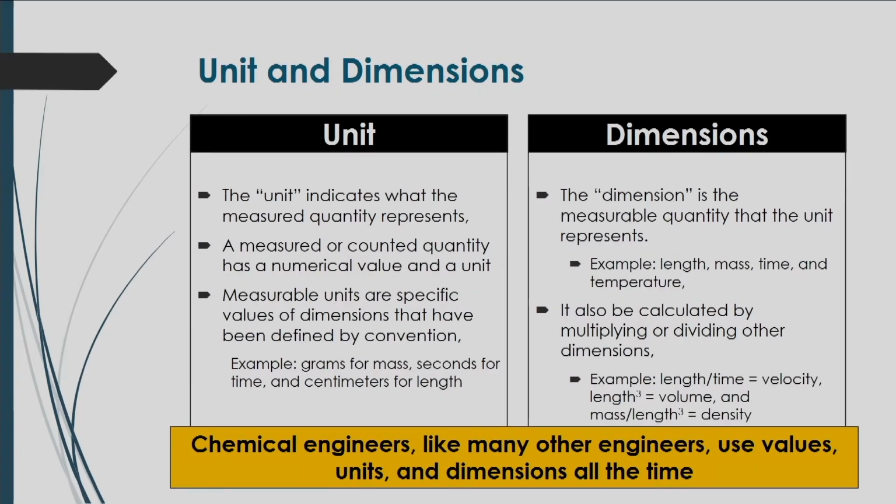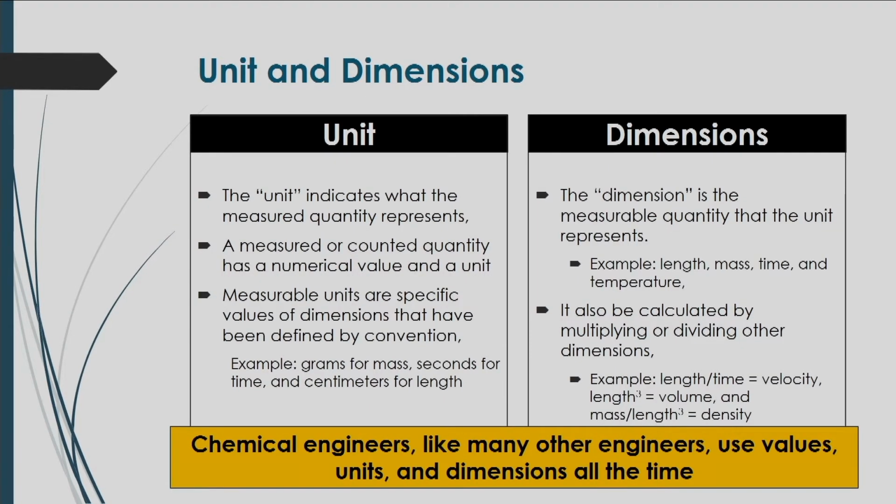For mass you quantify using units like grams, kg or pounds. For time you express it in seconds. For length you express it in units like centimeter, meter, foot or inches.